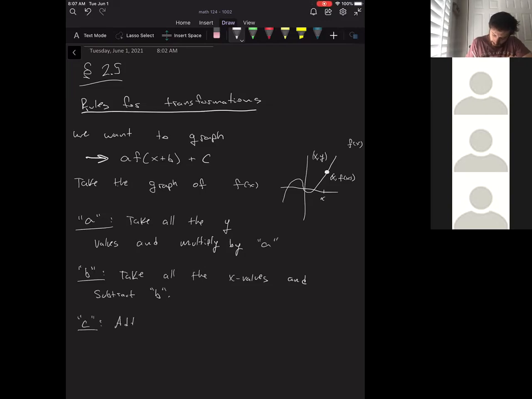So if we're given this form, these three things, the a, the b, and the c, are what we're going to do to the graph to change it around.